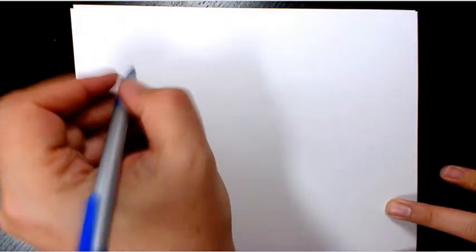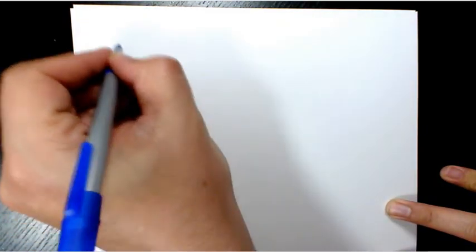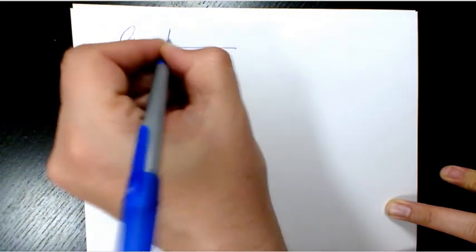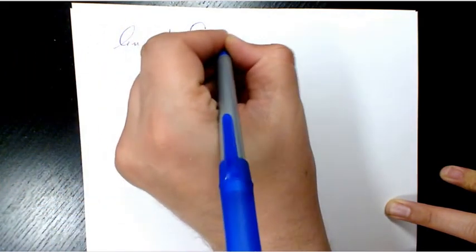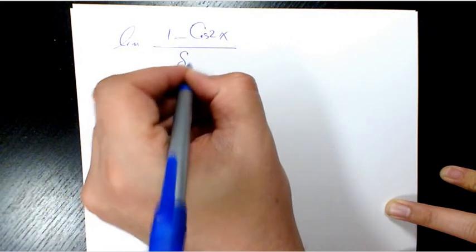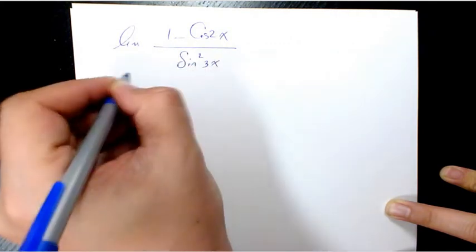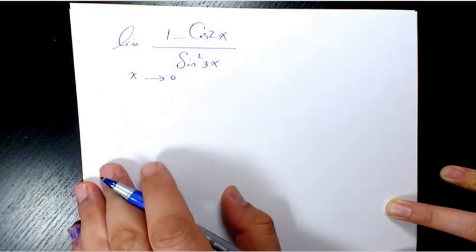Next one is going to be the limit of 1 minus cosine 2x over sine squared 3x when x is approaching 0.